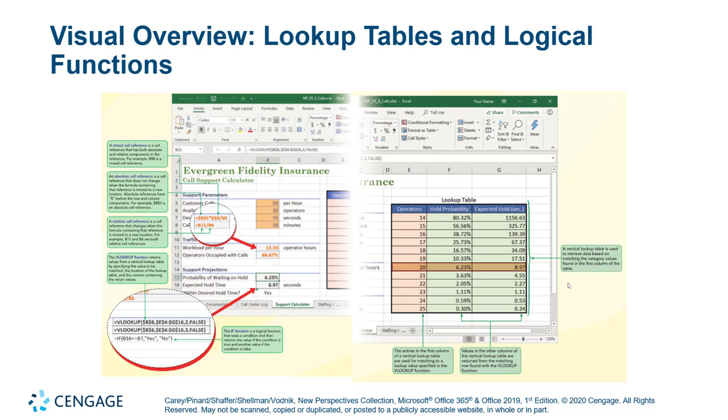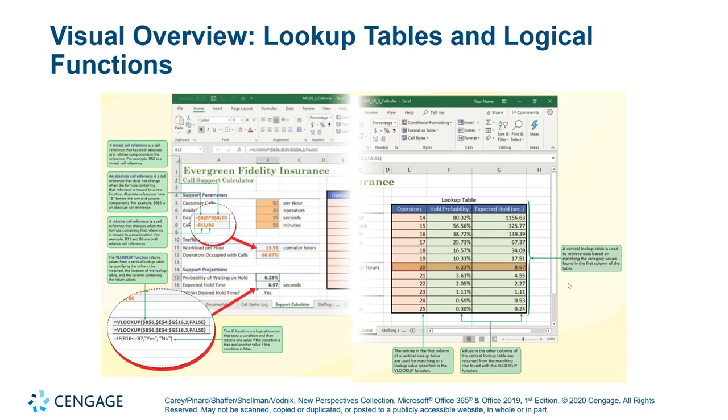Just below that, we have an if function. An if function is a logical function that tests for a condition, then returns the value if the condition is true, and another value if the condition is false. You'll notice in this formula within the parentheses, B16 is less than or equal to B7, and that's the comparison.